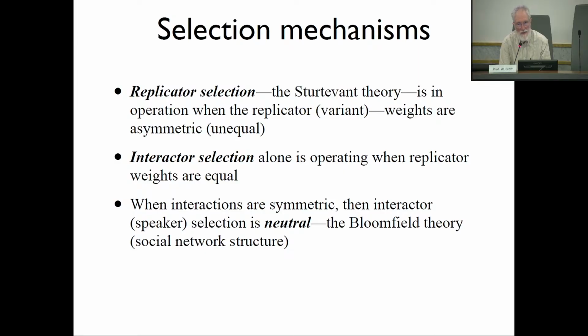And I should mention, when you think about modeling, and I'll talk more about modeling in general in a few minutes, that modeling can just say, okay, we have two variants with asymmetric weighting. Where that weighting comes from, mathematics doesn't tell you. We as linguists hypothesize that it comes, in this case, from social group identification.